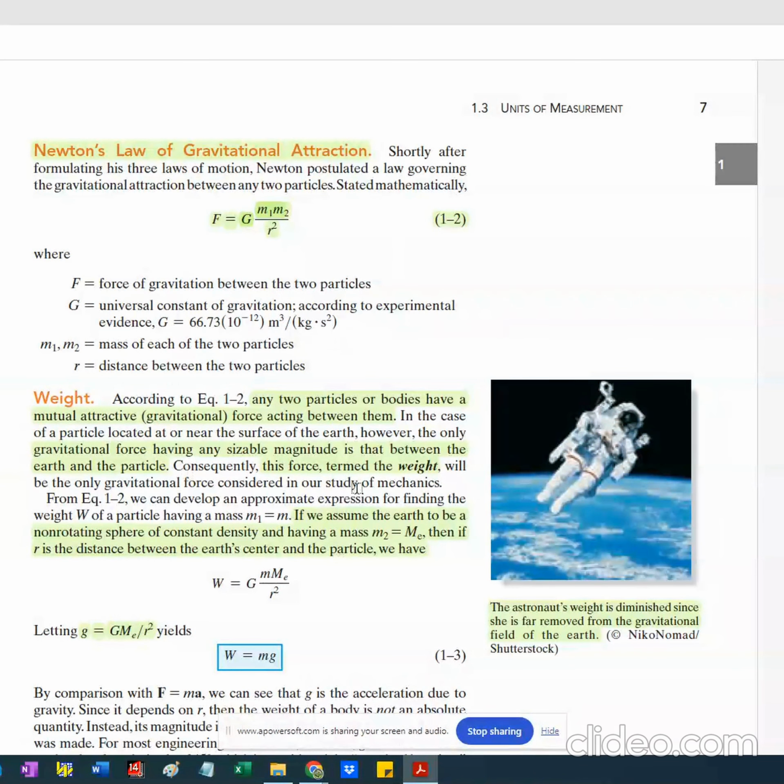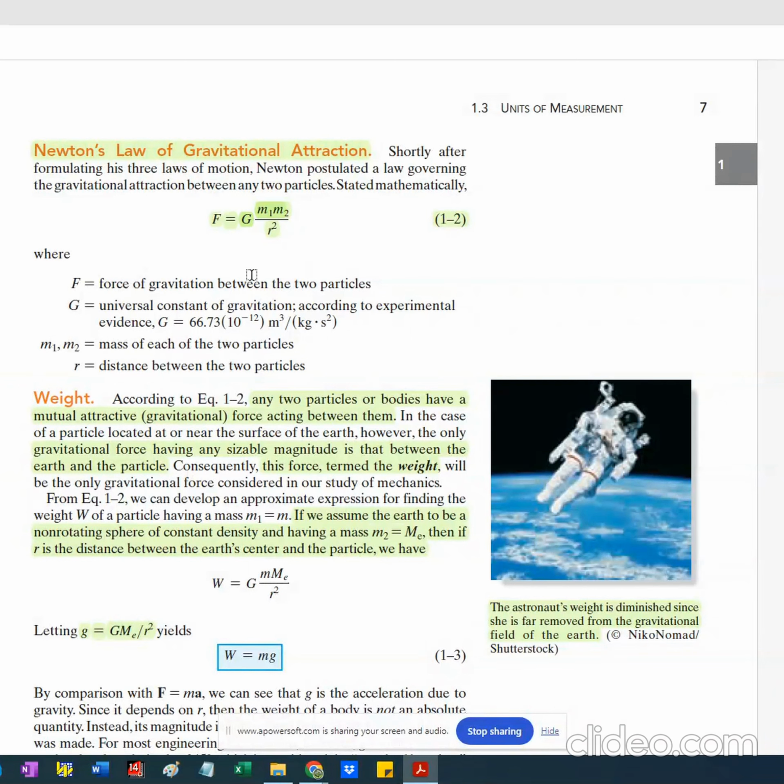Okay, and in addition to the three laws of motion, which the student should memorize and be able to recite, there is the law of gravitational attraction. The anecdote is Newton sitting under an apple tree and an apple falling, and realizing that the apple has fallen because the earth was pulling the apple towards the center of the earth.